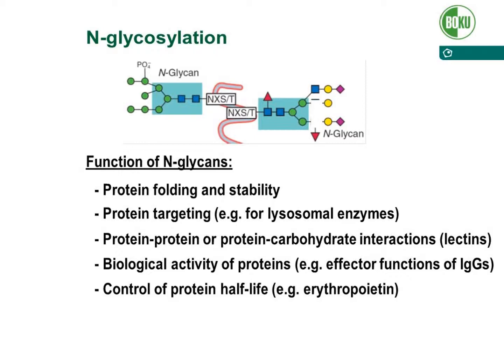It causes a lot of mental retardation in the kids born because it causes a lot of inflammation, because these proteins that should go to lysosomes are spit out, and that causes all sorts of issues in the body. So some proteins need sugar to become active. Some last longer if they have sugars on them, so the body can regulate the length of time that the proteins are around, right? You don't want proteins forever.